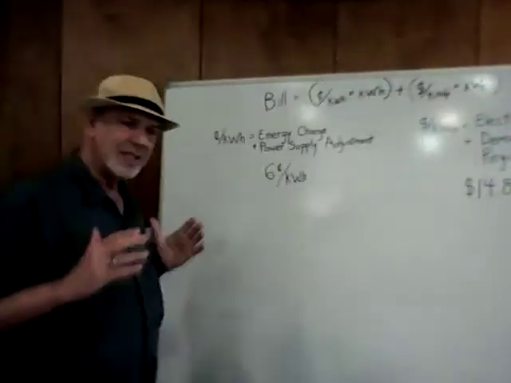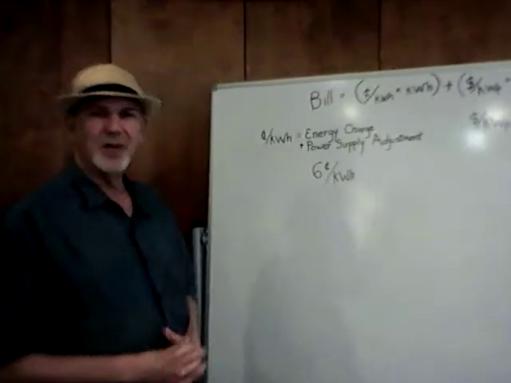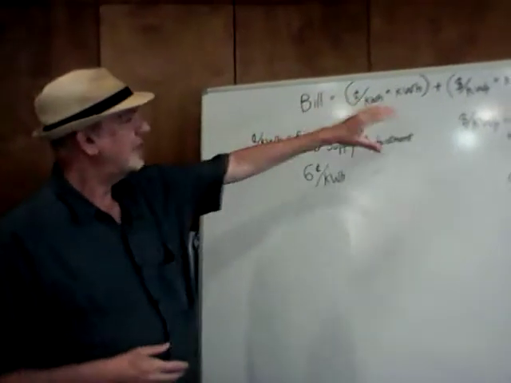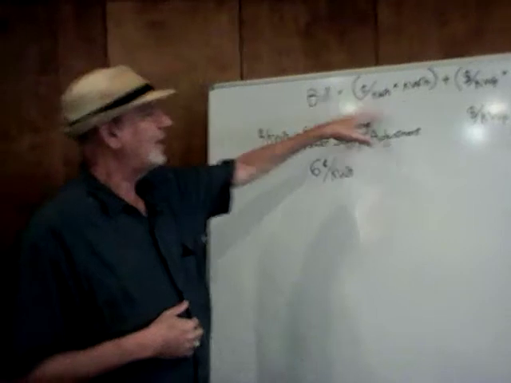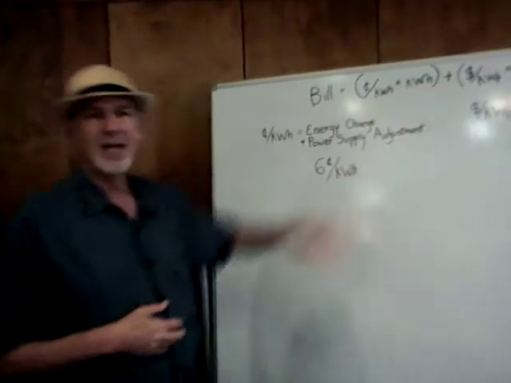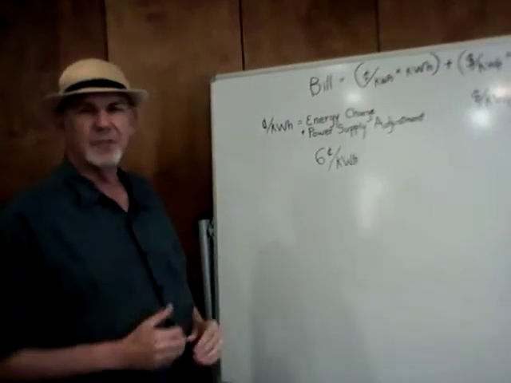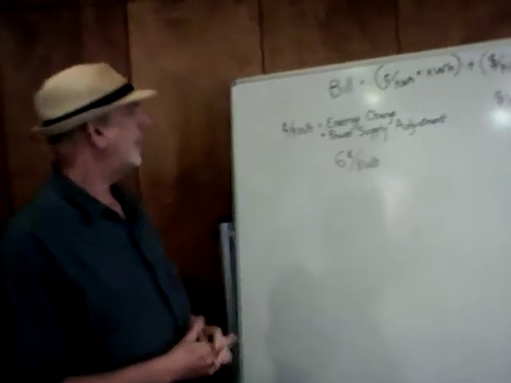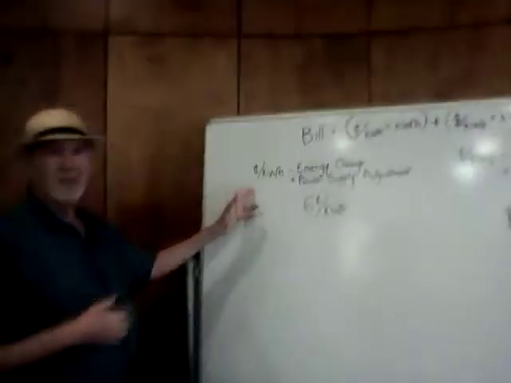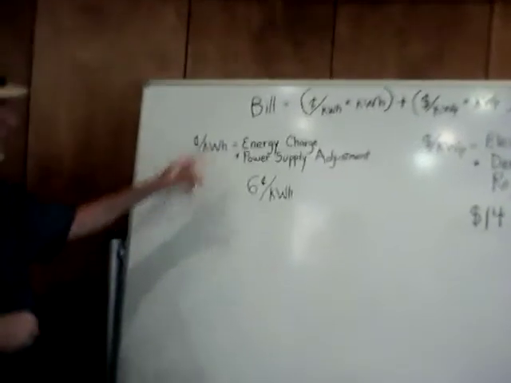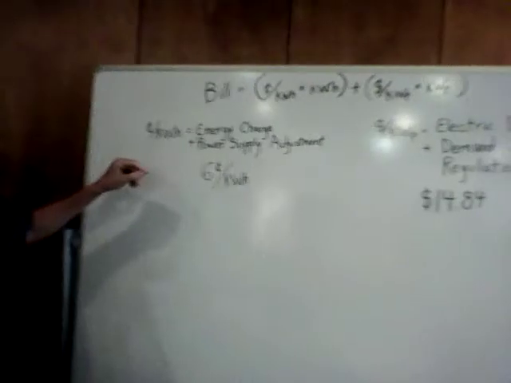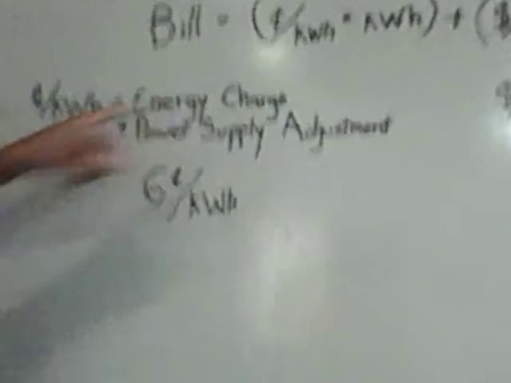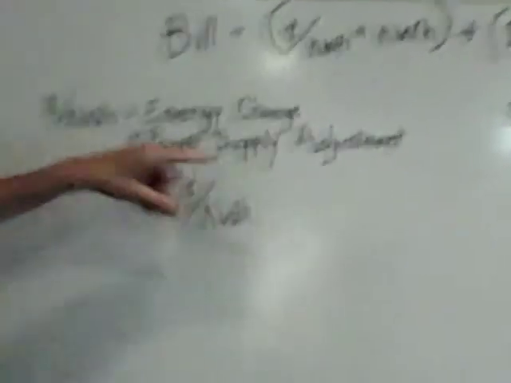It seems a little bit more complicated than this because each of these two prices, the cents per kilowatt hour and the dollars per kilowatt peak, are actually presented on your bill as separate line items. And this is what they are. Cents per kilowatt hour is very simply the sum of two numbers you'll see on your bill. One is called the energy charge, and the other one is the power supply adjustment.